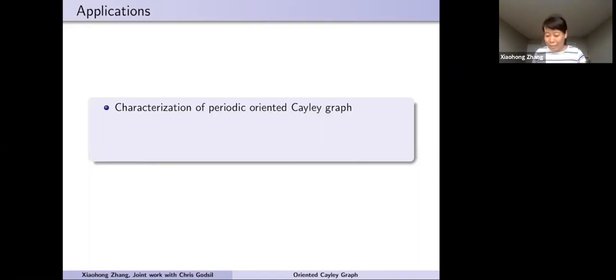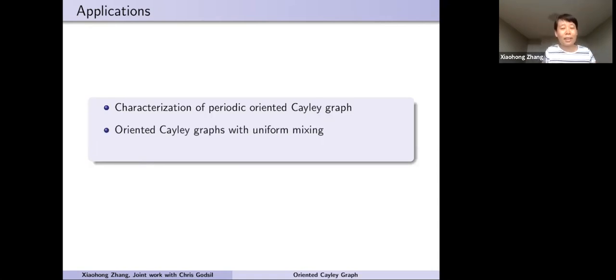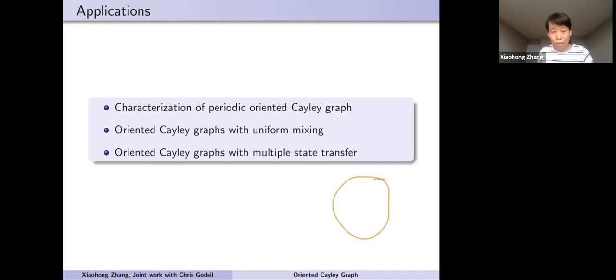From these, we can also find examples of oriented Cayley graphs that have uniform mixing. Also examples where there is multiple state transfer. What does that mean? If we have a graph G with some subset of G, then for any two vertices inside, there is a perfect state transfer between them.